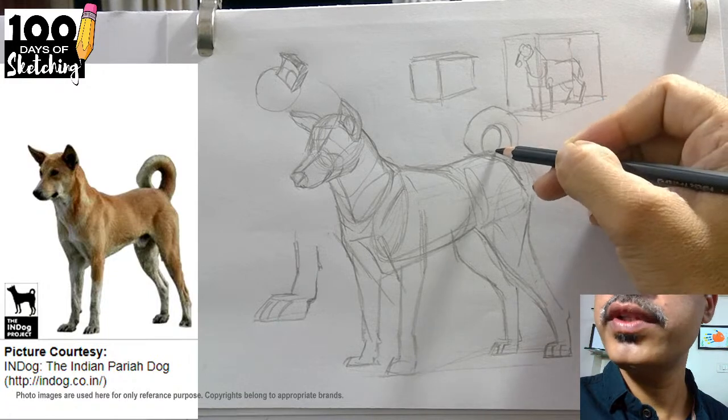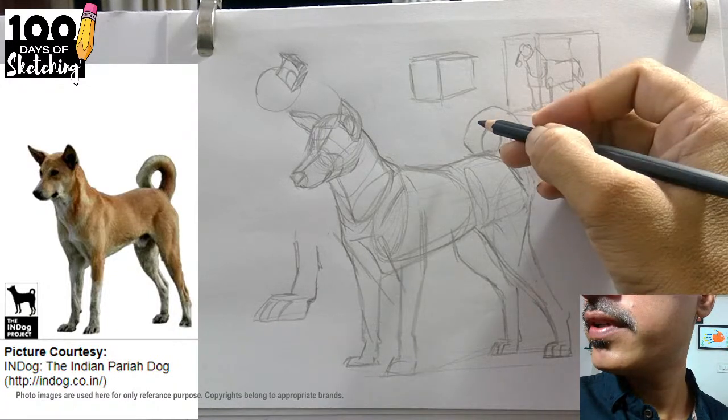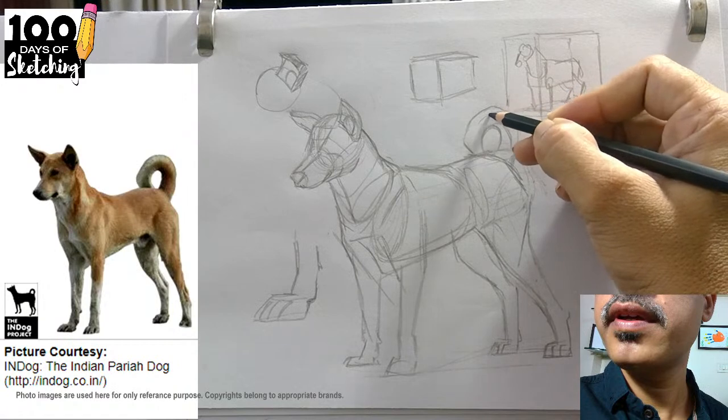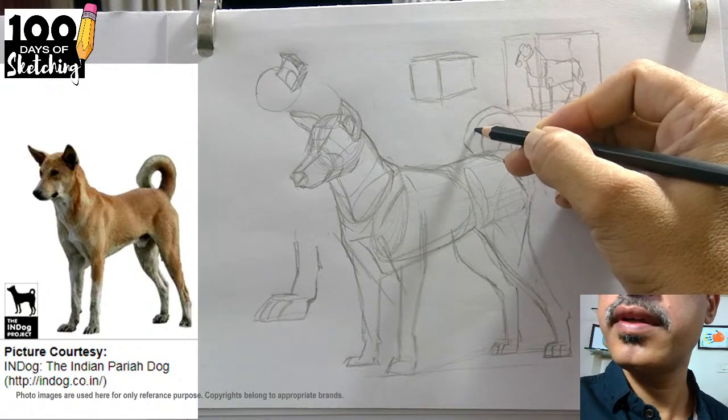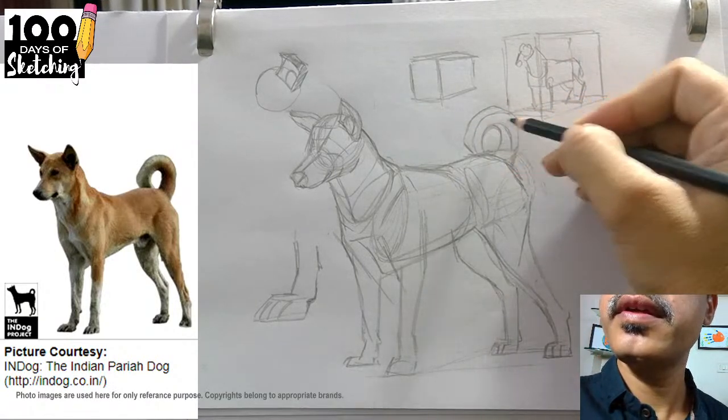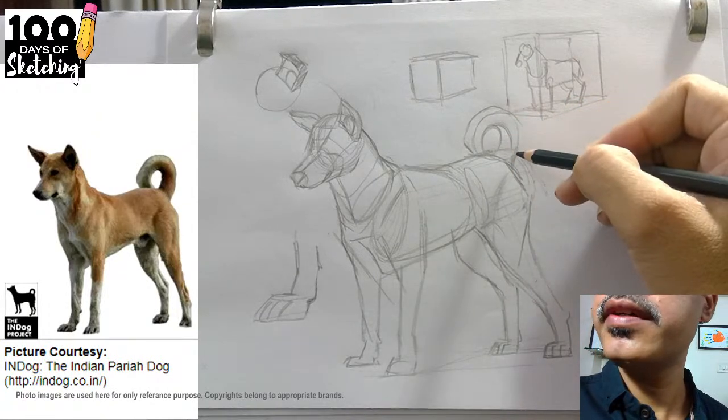And in that also there is a dimension. The three-dimensional thing is here.